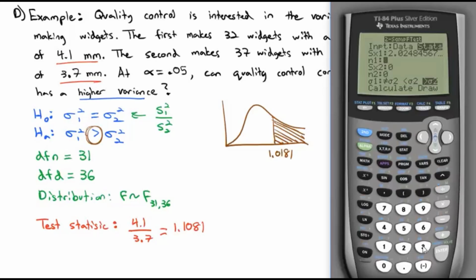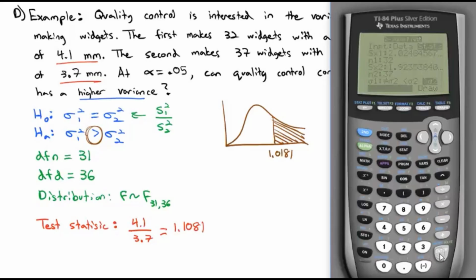The first sample size had 32 widgets in it. The second machine had a variance of 3.7. So we'll take the square root of 3.7 to get the standard deviation of 1.92. And the second machine made 37 widgets. For our alternate hypothesis, we said that the first is greater than the second, so we'll select greater than.